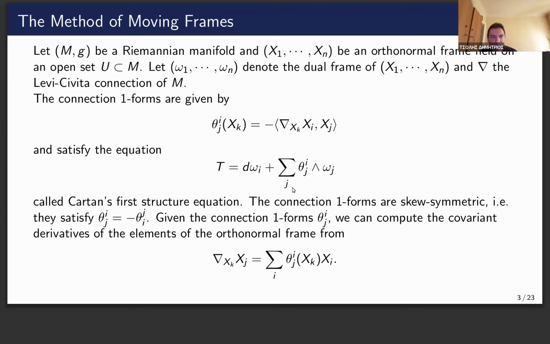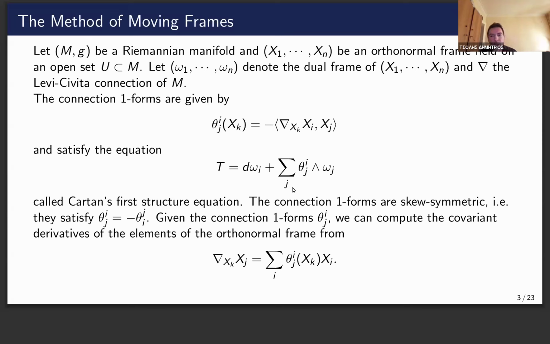Okay, now the method of moving frames. So what is this? Think you're on a manifold and you carry essentially kind of a coordinate system on you. As you move along the manifold, this changes in a very specific way.